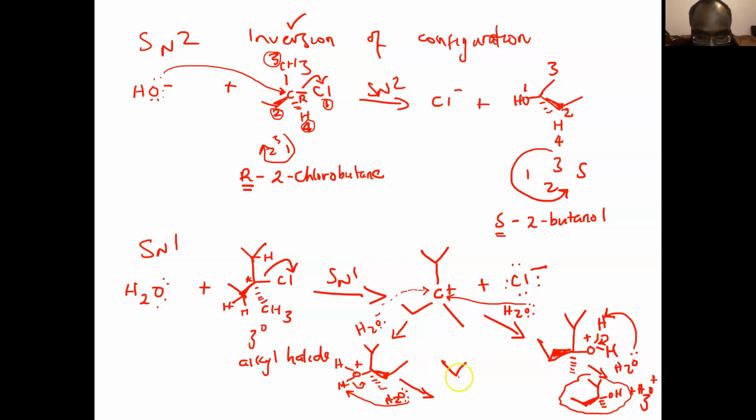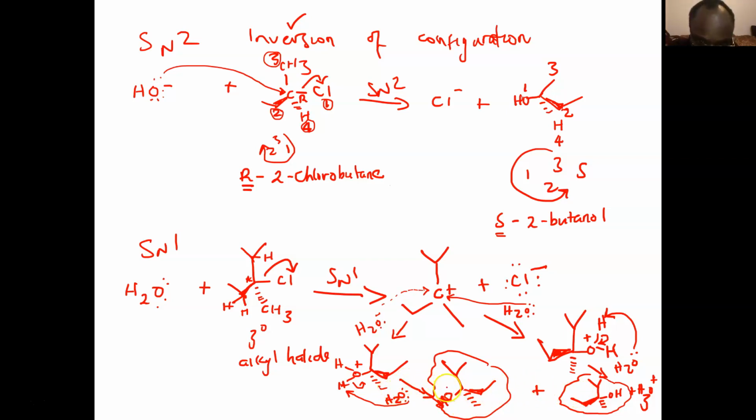So in that case, you will have OH to the left, and then you'll have ethyl, and then your methyl there. So again, focus on this molecule. Remember, we are showing formation of two molecules because there are two ways you can approach the carbocation intermediate. So you have two possible products, this and this.